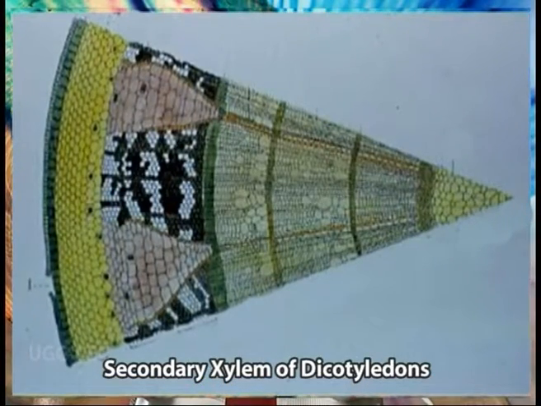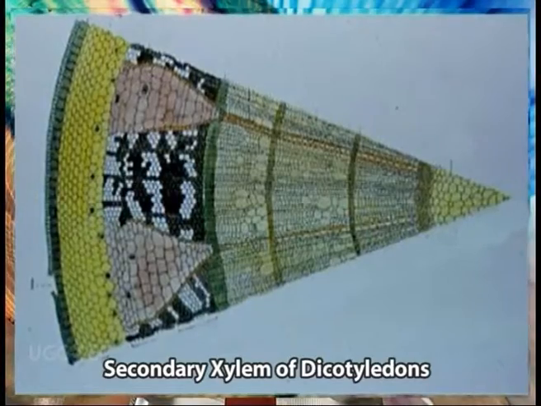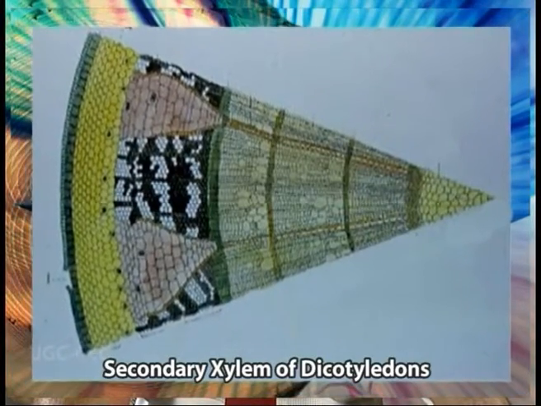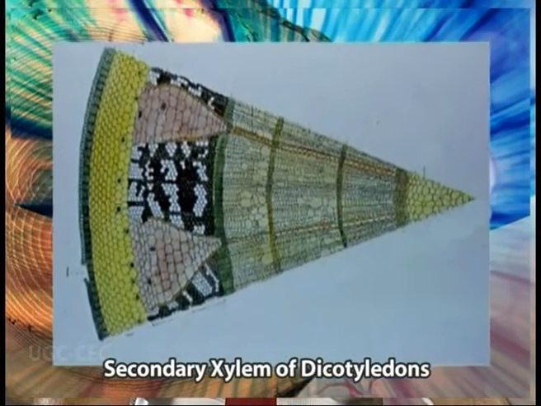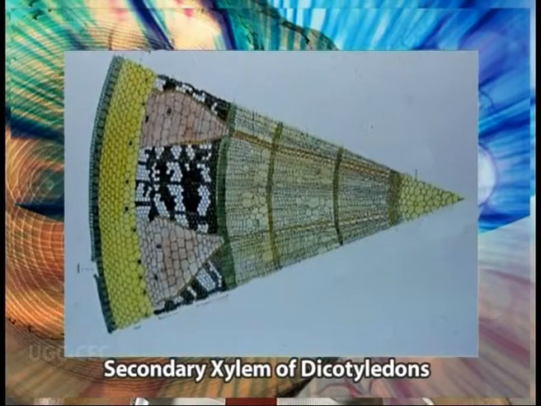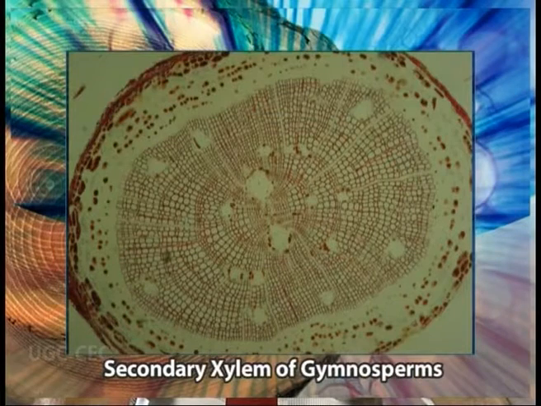The most significant difference is the functional separation in dicotyledons of cells providing mechanical support and those which provide transport of water and minerals. Whereas in gymnosperms, both of these functions are served by tracheids.